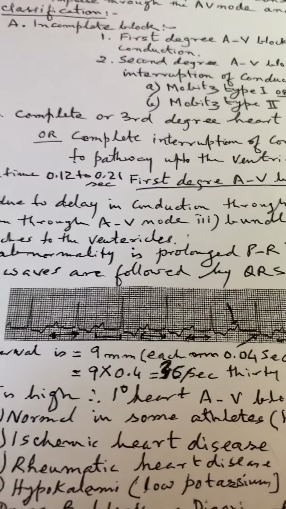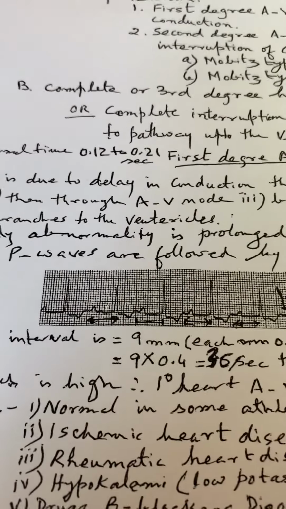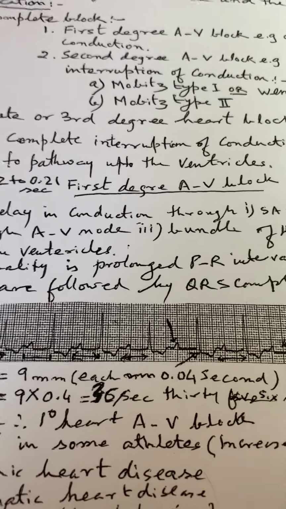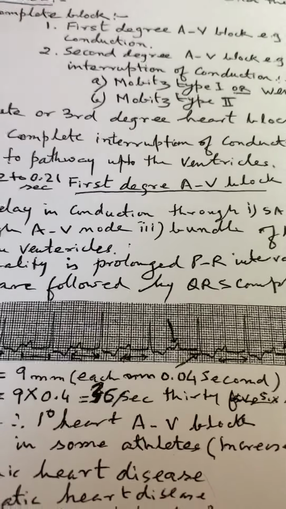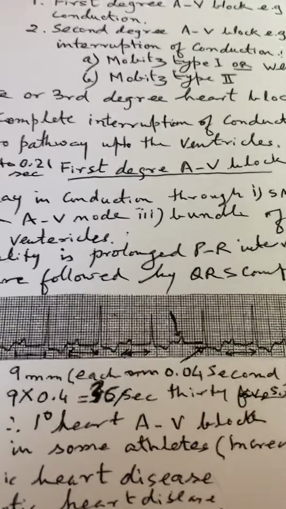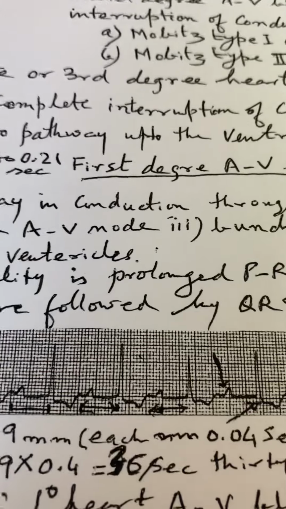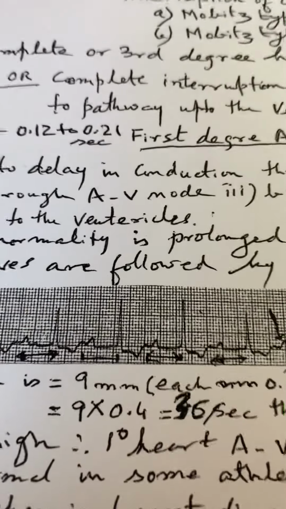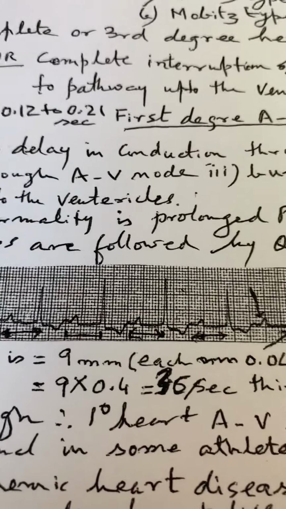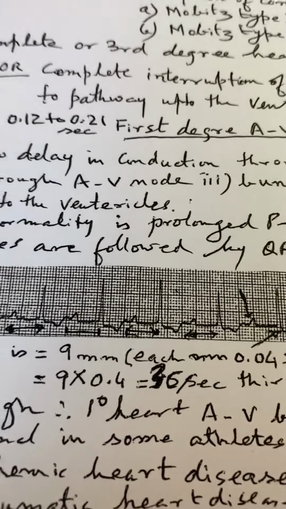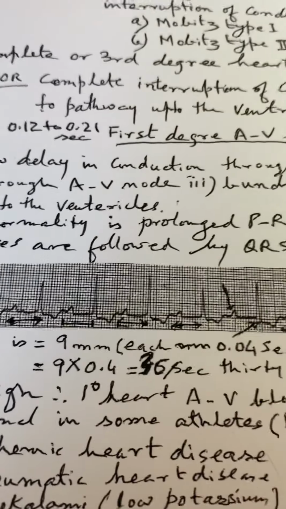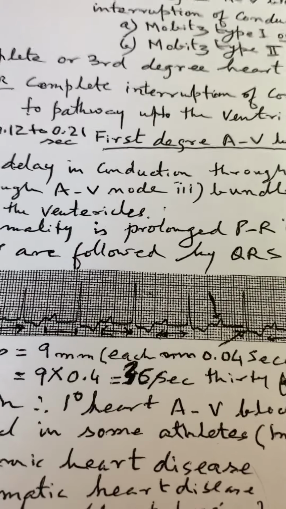Here the P wave is followed by a normal QRS. The only thing is that the P to Q distance is longer. If you see in the diagram, I have shown the arrow. The PR interval is increased, and I have seen that this is a 9 millimeter PR interval distance. Each is 1 millimeter, 9 millimeters, and 0.04 second is 1 millimeter.